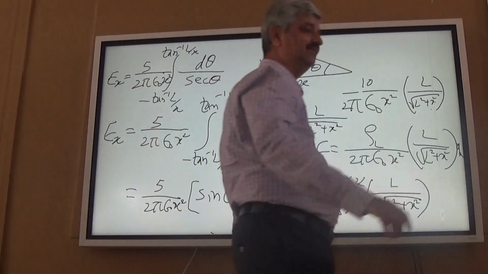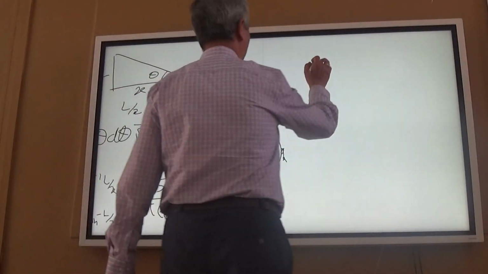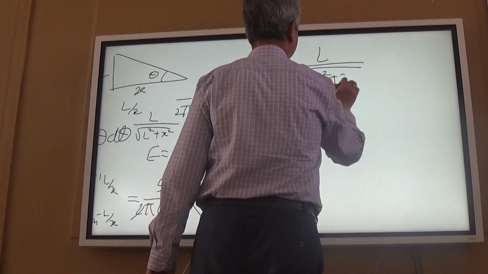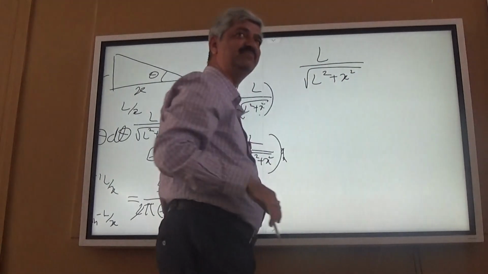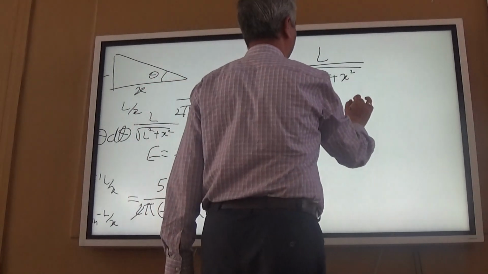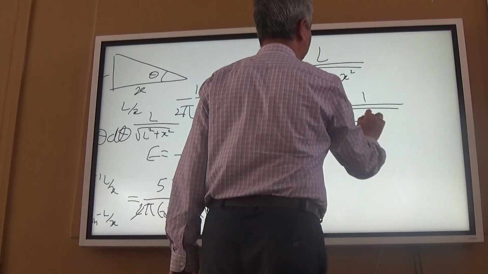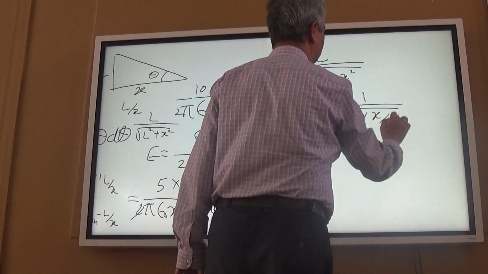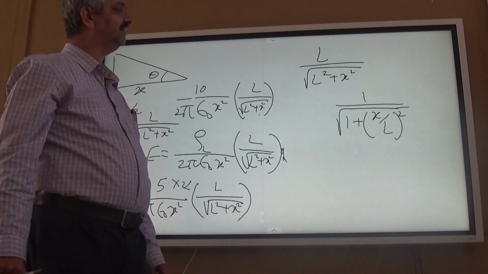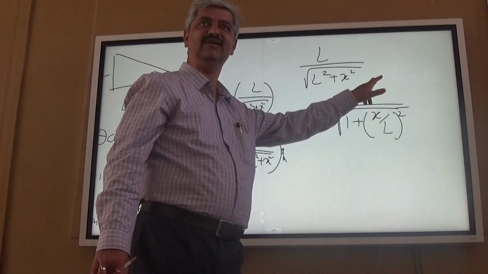Only difference is that, this you can rework. What will happen to L upon under root L square plus x square as L becomes infinity? Divide numerator and denominator by L. So it is 1 upon under root 1 plus x upon L square. As L tends to infinity, this will become 0. So this bracket will become 1.